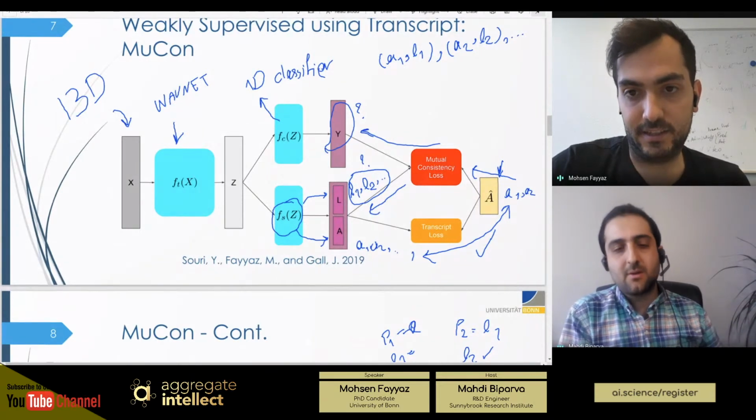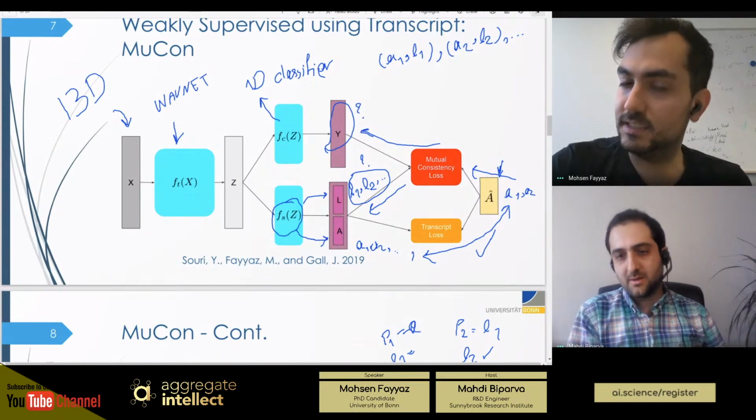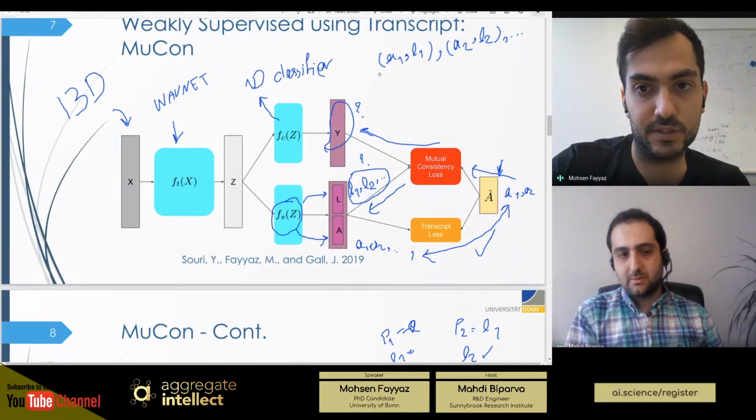Exactly. The point is that it's a sense of self-supervision between different parts. Exactly, that's why we have these two types of representations.